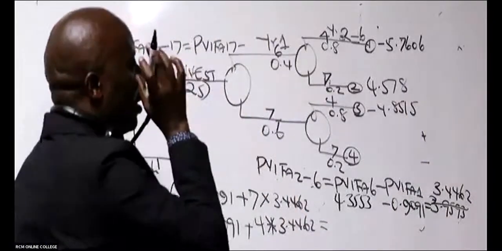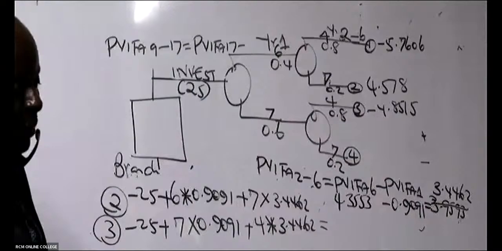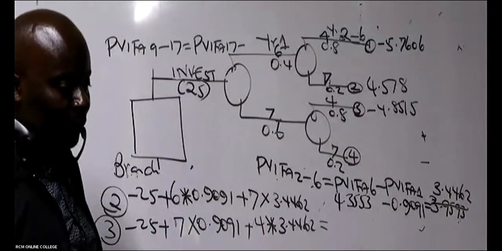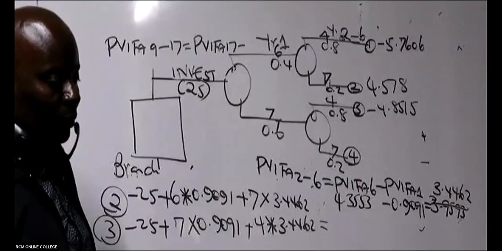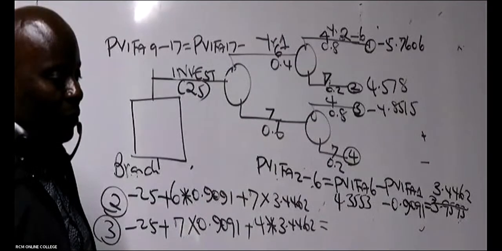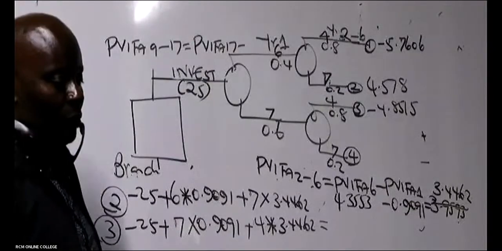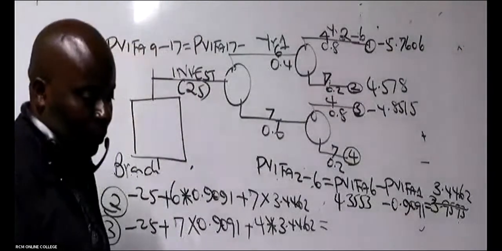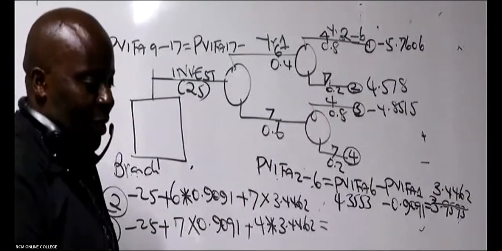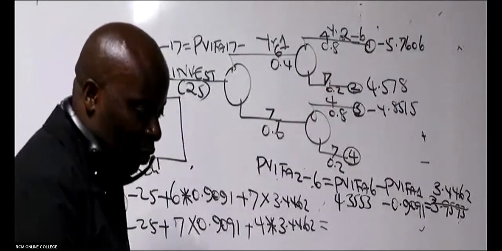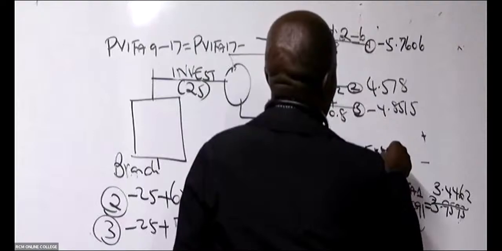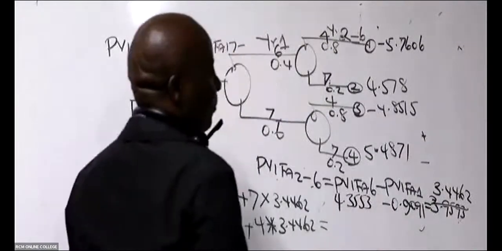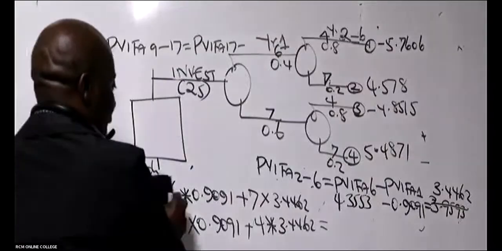And then now we go to branch number 4. Just try. For branch number 4, we have Margaret with 5.4871.